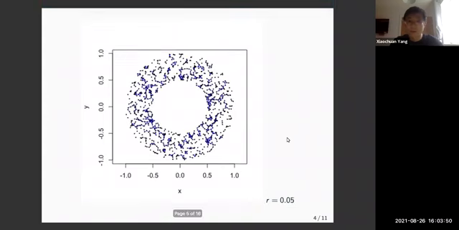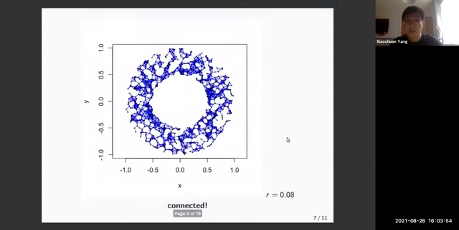There are many components. As I increase the value of R, we see fewer and fewer components until we reach a point where everything is connected and the number of components is equal to 1. So we see that the number of components depends very much on the choice of R and n.